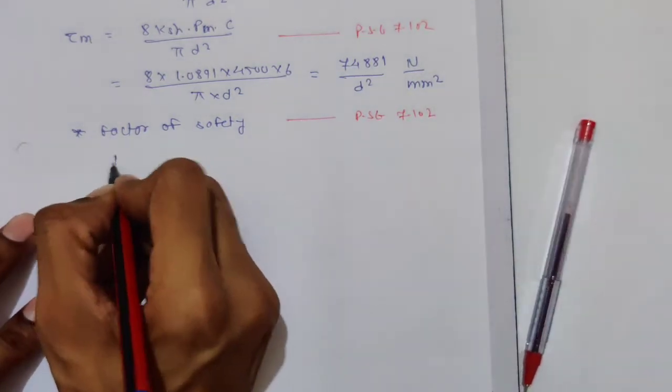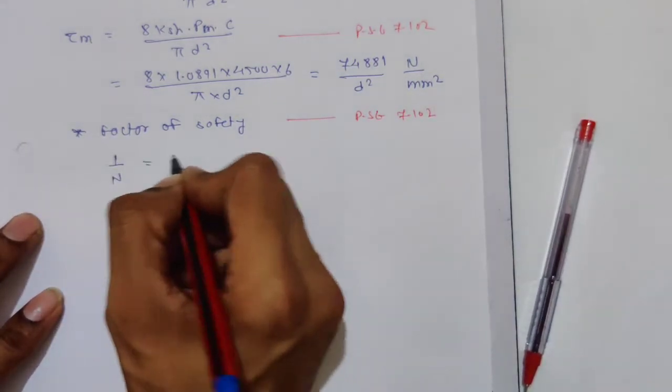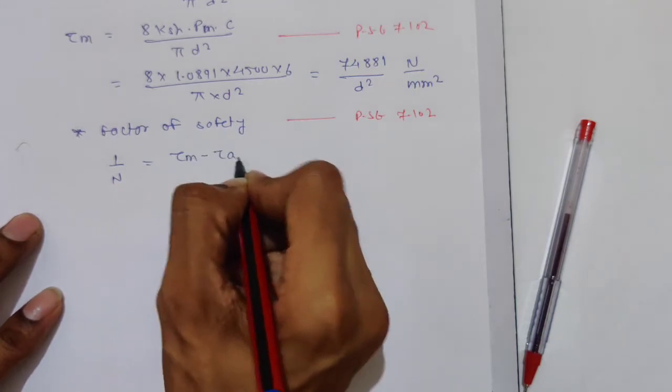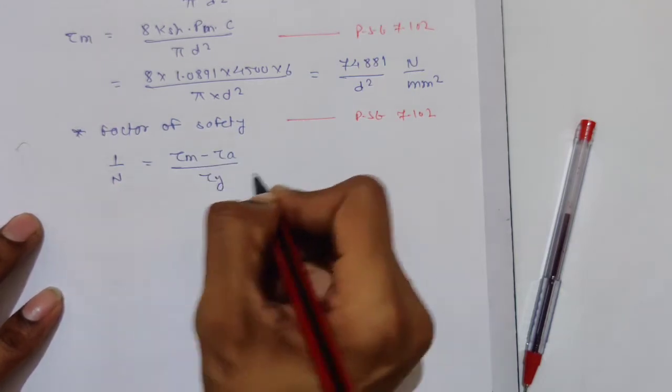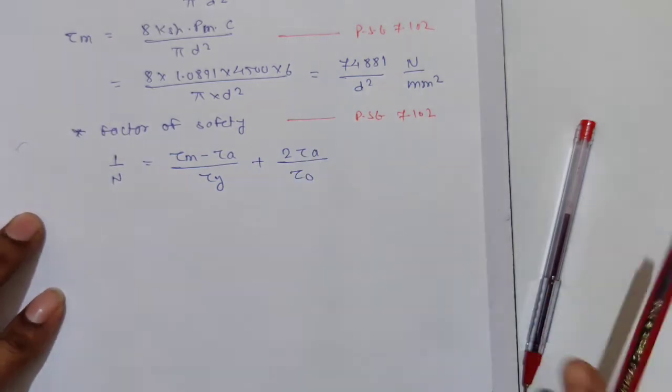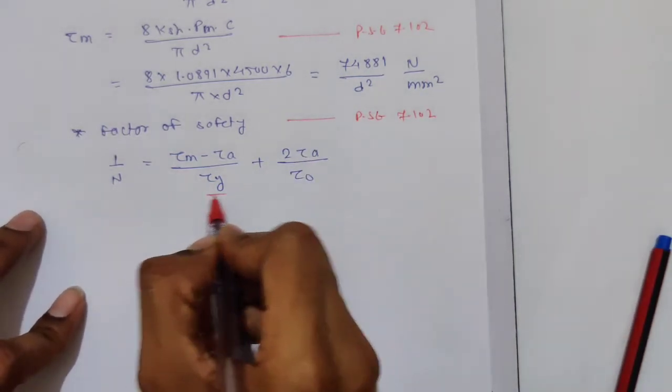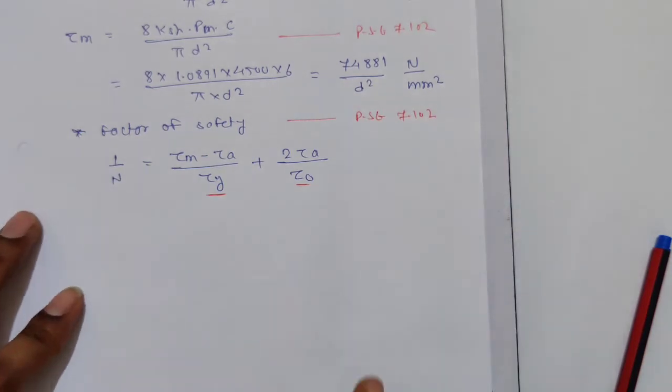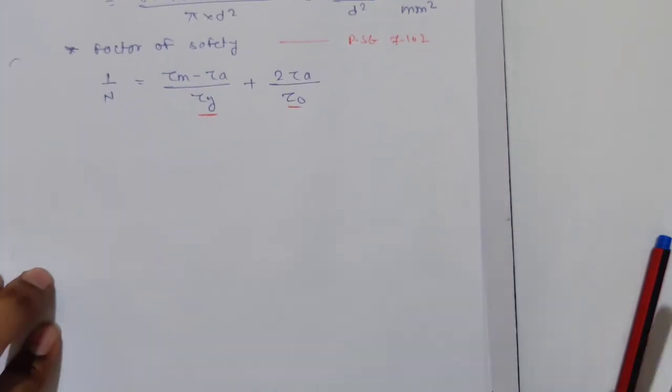And the formula is 1 upon n is equal to (tau m minus tau a) upon sigma y plus 2 tau a upon sigma e. The problem is we don't have these values, so we have to assume the material and find those values.